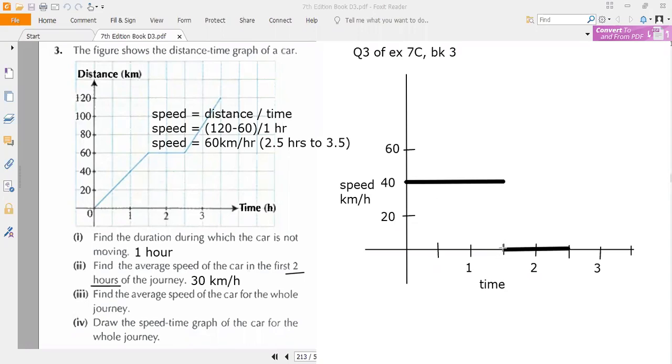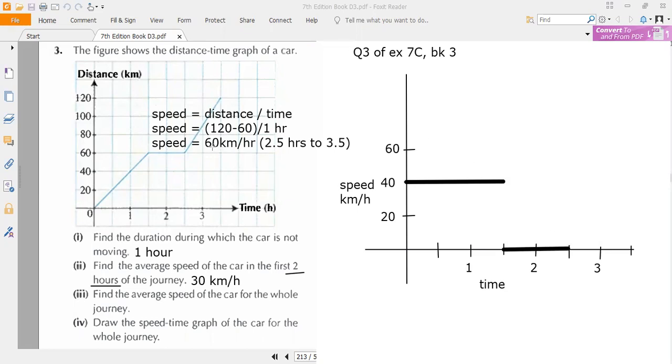Then from 1.5 to 2.5, there was zero speed, so I have made it here, showing zero speed, because this is 20 kilometer, 40 kilometer, and this is 0.